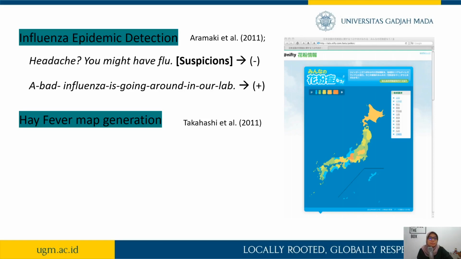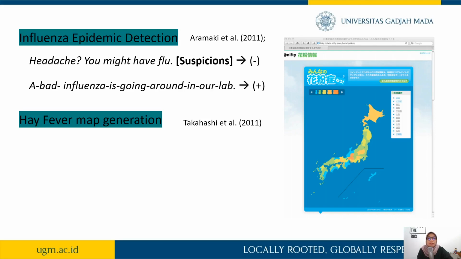The positive one is more about showing symptoms, like a bad influenza is going around in our lab, while something like headache, you might have flu, is more on the suspicion, and is probably not a positive sign.